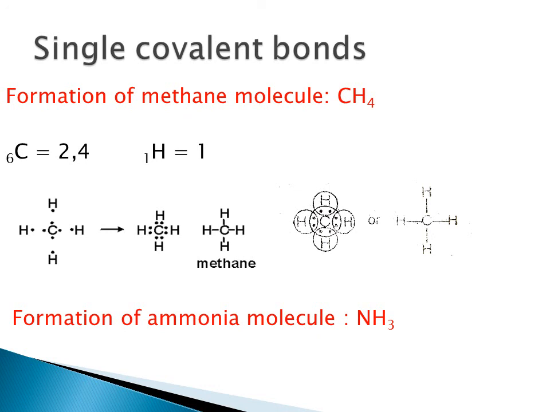So all 5 reacting atoms are stable now due to sharing, and a stable covalent bond is formed. If you have observed, between any 2 carbon and hydrogen atoms, there is just 1 shared pair of electrons. So this is an example of single covalent bond, right?